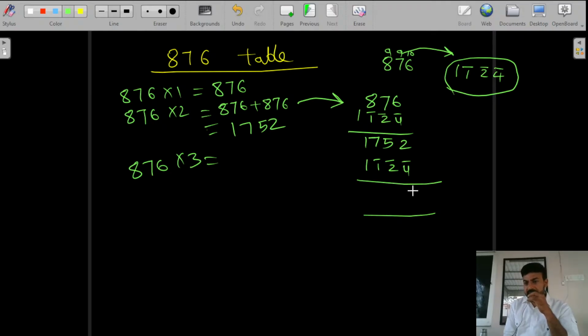See, 2 minus 4 is bar 2, 5 minus 2 is 3, 7 minus 1 is 6, 1 plus 1 is 2. Don't forget, here we are adding, but when you add one positive number and one negative number, that becomes subtraction. Here we got a bar on one digit, so it is in vinculated form.